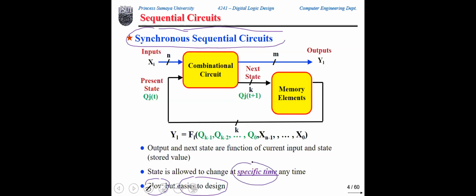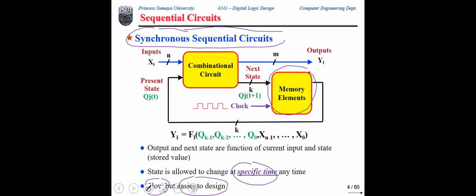Now the question is how to know this specific instant of time. Usually this relies on the type of the storage that is used in the circuit. For the synchronous sequential circuit, the memory that we will use has another input that is called the clock. If you want the operation of your circuit to be connected with time, you need some clock in order to measure time, in order to know whether your specific instant of time has arrived or not.